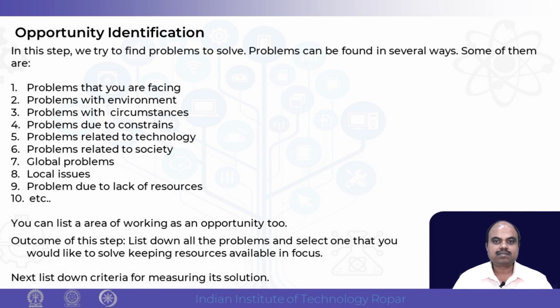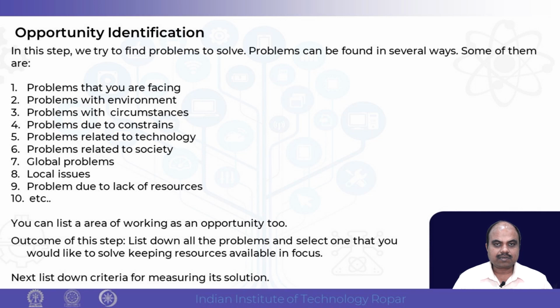Circumstances: take for example, at a student level, somebody has missed attendance. So what can be done? Or sometimes an examination gets delayed and is very near to another examination or on the same day. These kinds of circumstances are also there.